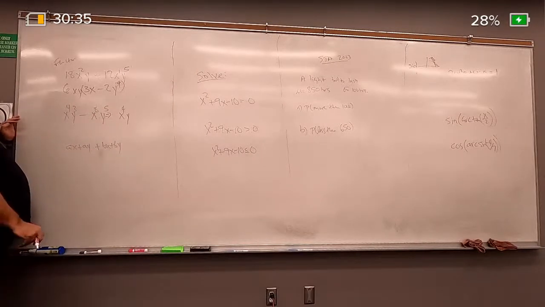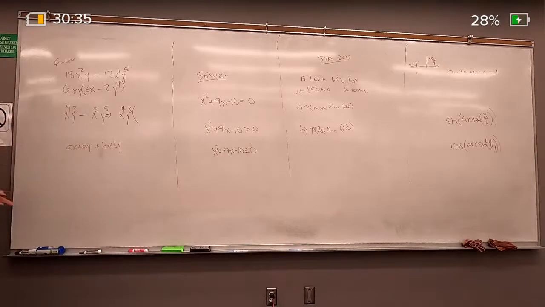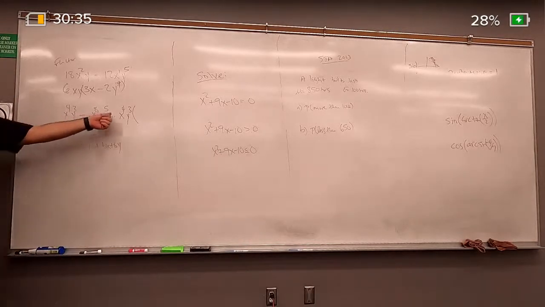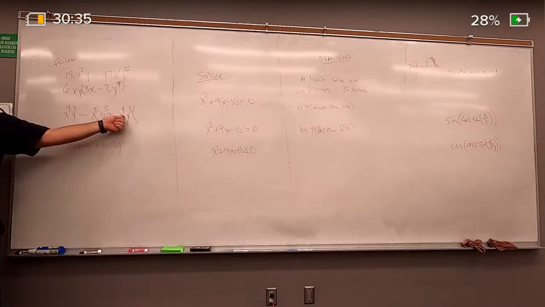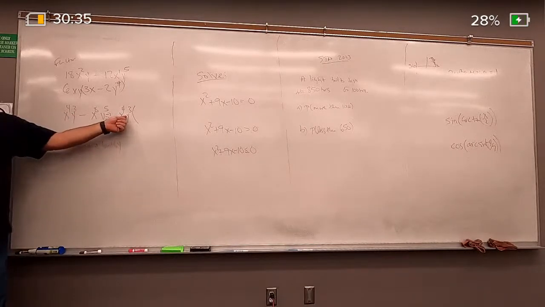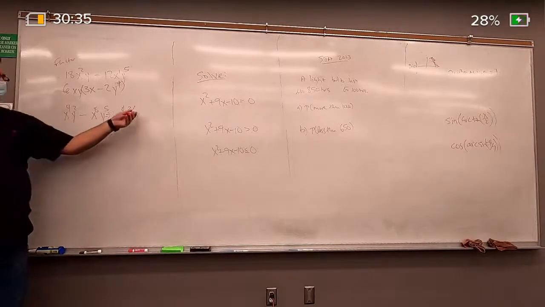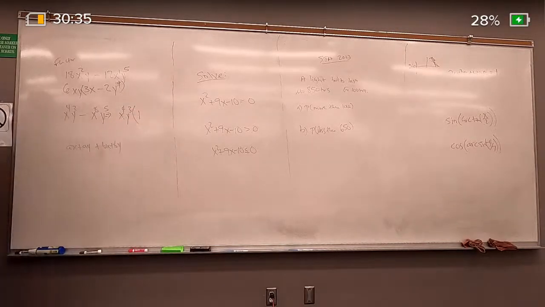Which one are you going to choose? 3. Now, you had 4 x's, you took out 4 x's. No x's left. You had 3 y's, you took out 3 y's. No y's left. So what do you put? You got to put 1 as a spaceholder.